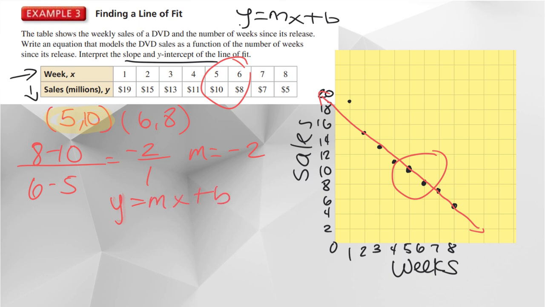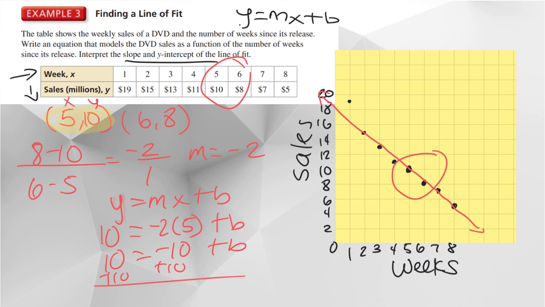This is x and y. I'm going to have 10 equals my slope, -2, times 5 plus b. Now I'm able to solve for b, which gives me 10 equals -10 plus b. I'm going to move over my plus 10 to solve for b. So b equals 20.